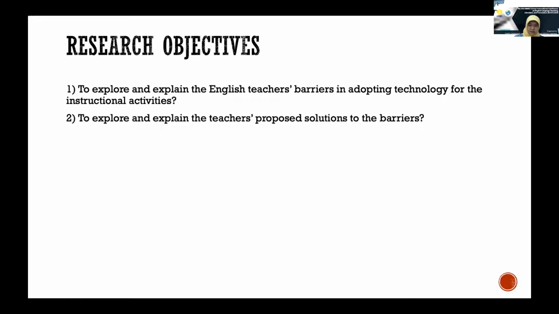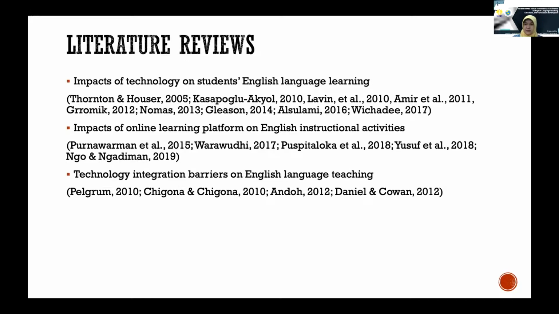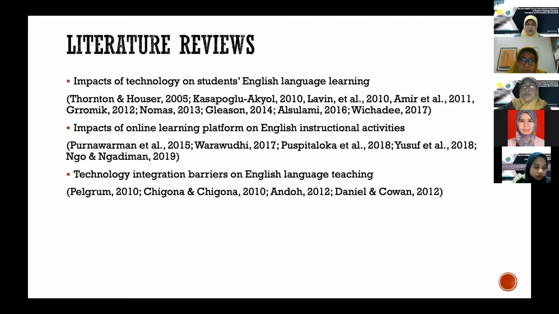The first research objective is to explore and explain the English teachers' barriers in adopting technology for instructional activities. The second research objective is to explore and explain the teachers' proposed solutions to the barriers. To learn about how technology use impacts student learning, I reviewed some previous studies.